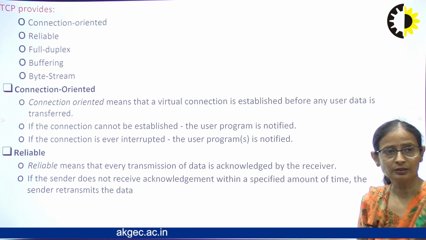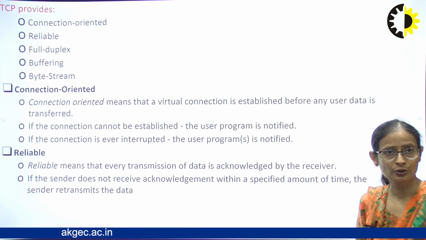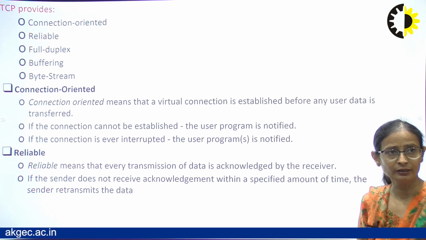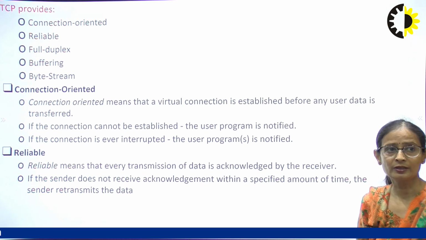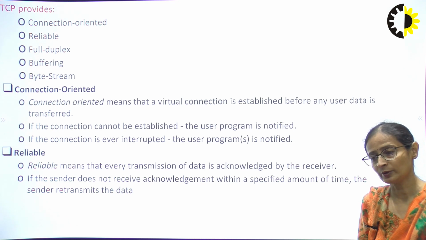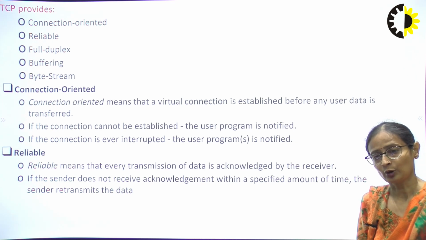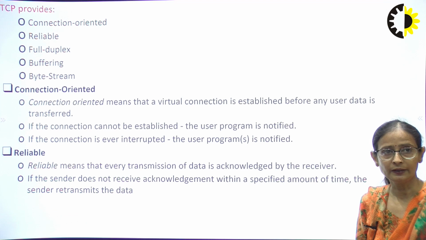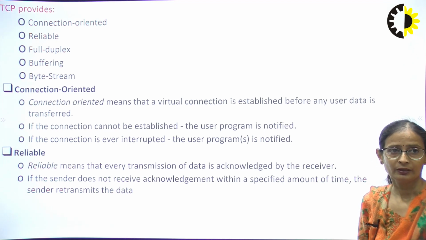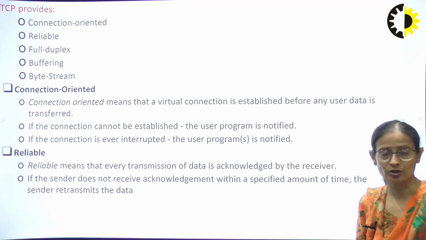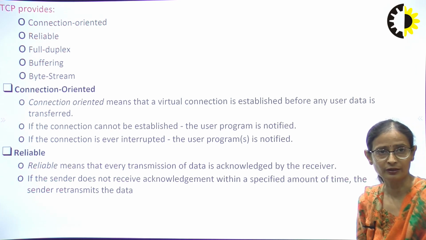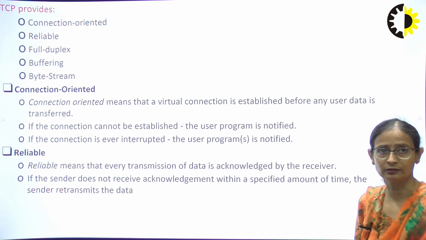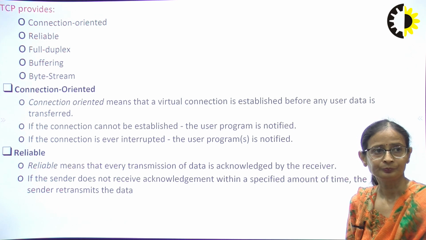If the connection cannot be established, then the user program, that is the sender, is notified. And suppose the connection has been established, but later on some problem comes in the connection, then again there should be a mechanism that the sender and receiver should be notified that the link has been disrupted.